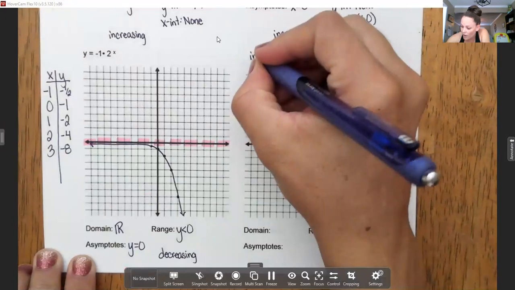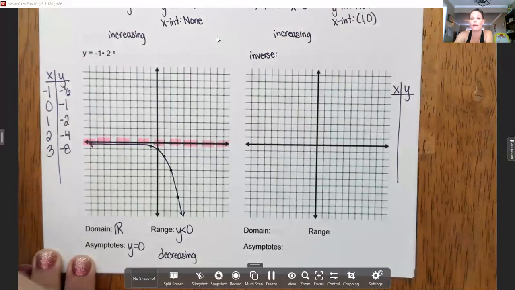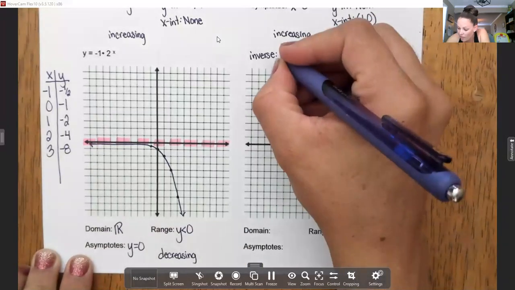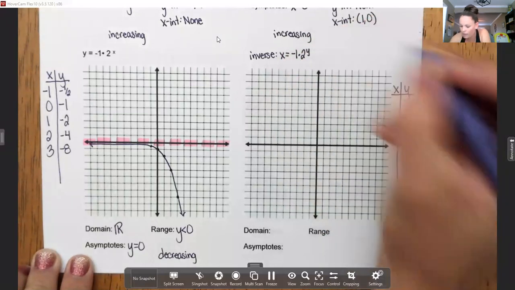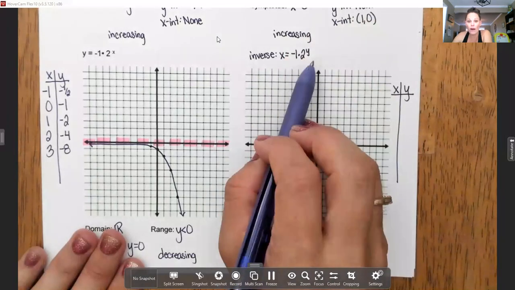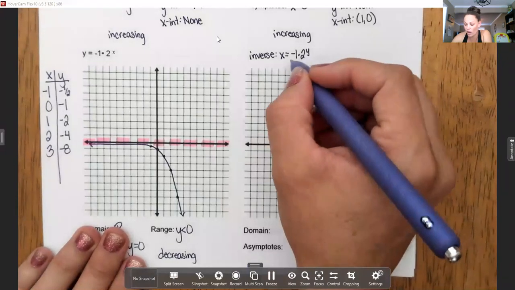So here for our inverse, this one's a little bit trickier. We still switch our x and our y. So for our inverse, we have x equals -1 times 2 to the y. Before I write it in log form, what I want to do here is divide both sides by -1.